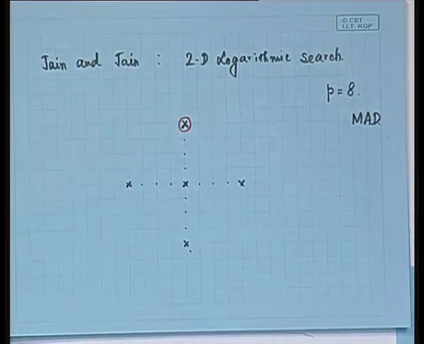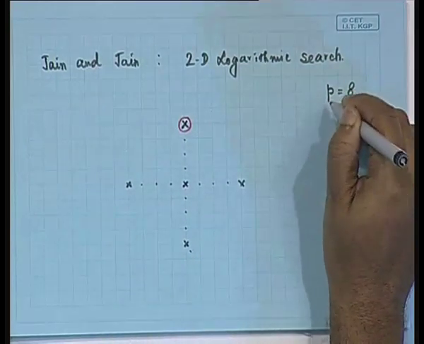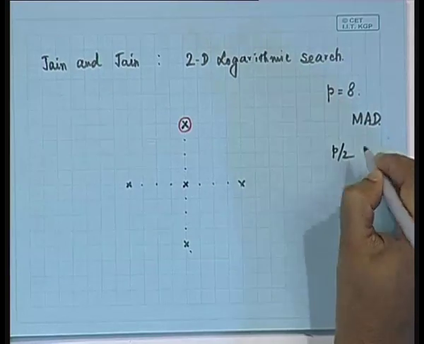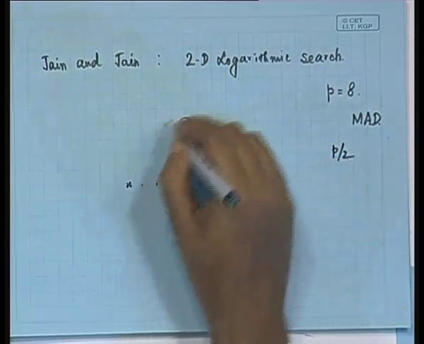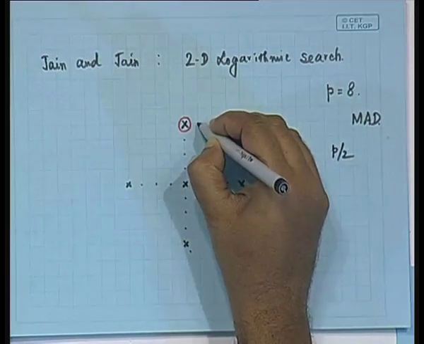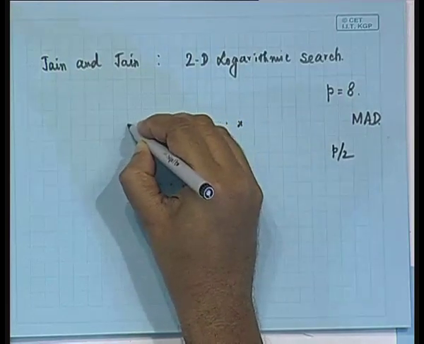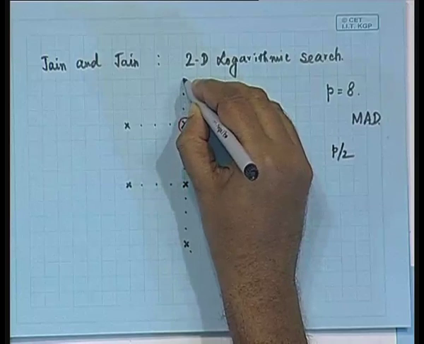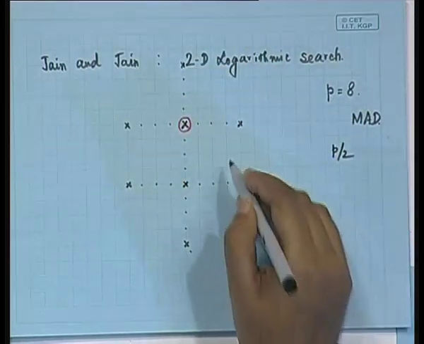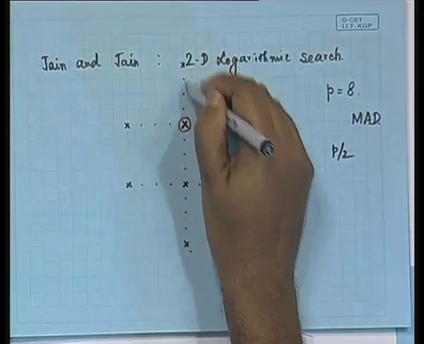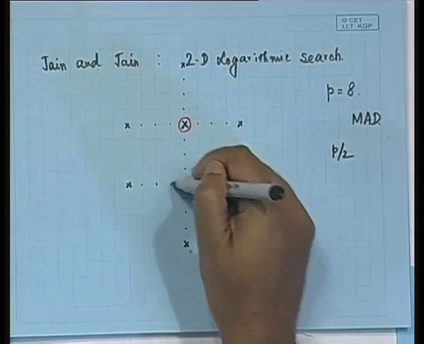Now, we carry out our search further by taking this newly obtained minimum as the reference. Again, we consider the step size of p by 2. Just like the way we did it earlier, this position 1, 2, 3, 4, this position 1, 2, 3, 4, so we are going to again search in these 5 positions.